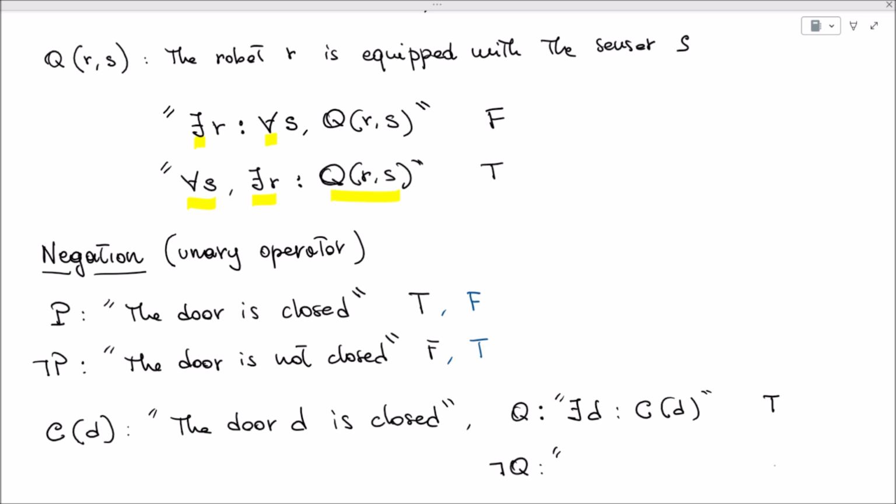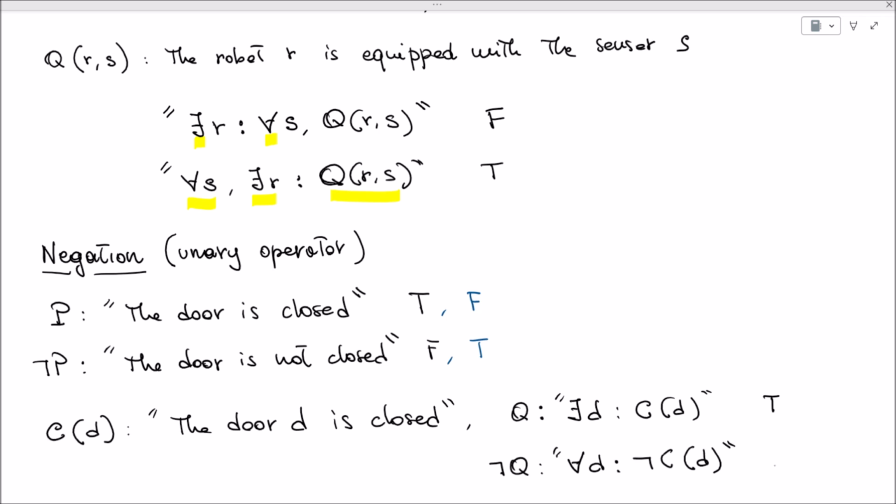Well, if Q is true, not Q needs to be false. So what is the negation of the fact that there exists at least one door that is closed? Well, the fact that every door is open. So we can just say: for every door D, it is not true that C of D is true, right?